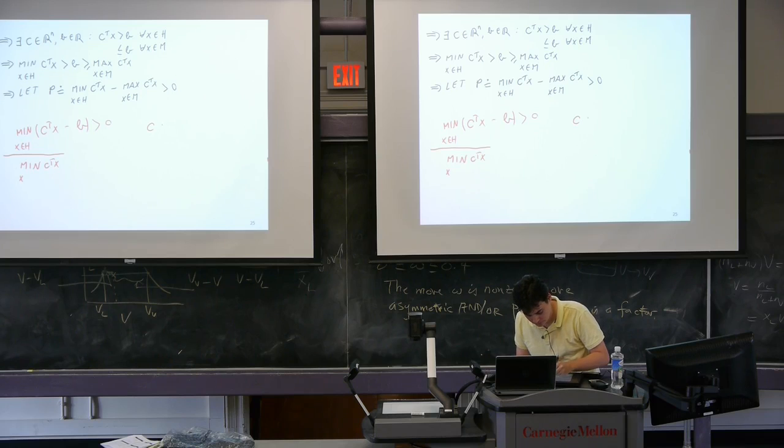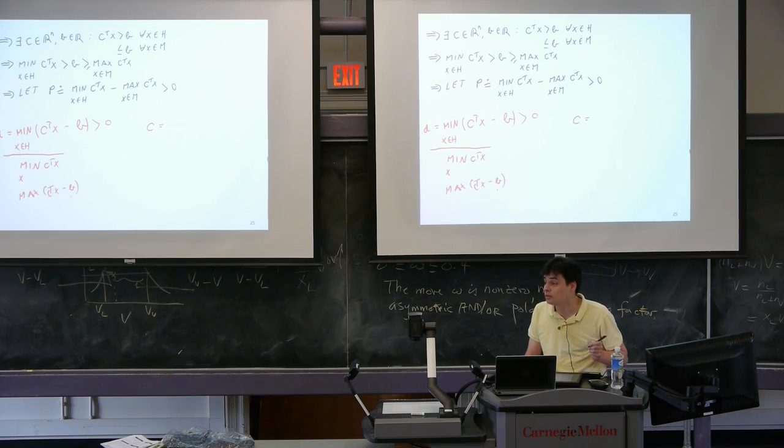First, you record the minimum of C transpose X minus B for all those X in H. Say that's, how to denote, say D. And for the max of X in M, the max of C transpose X minus B, that's the max of all the negative.